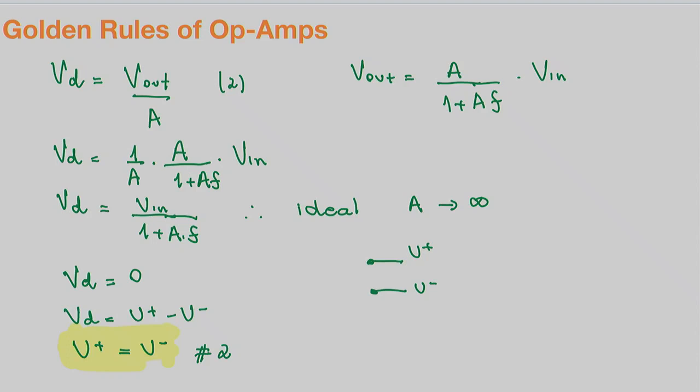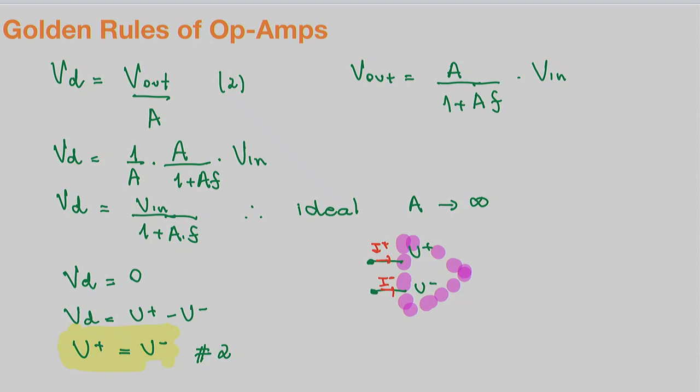Let me put the operational amplifier here, dotted, as we have been doing. If I had to do a current analysis for the operational amplifier, we would have an I plus and an I minus. We don't care about directions.